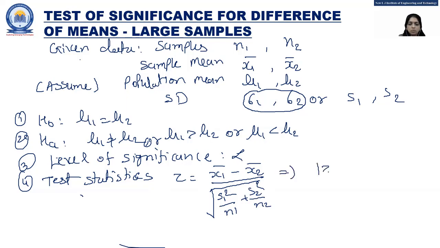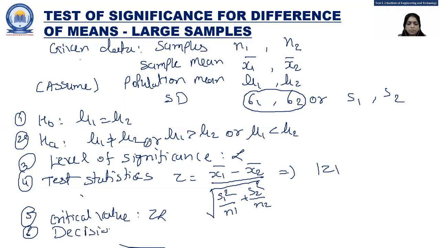Then mod Z. As usual, your second last step is the critical value. You have to find your critical value with the help of the normal Z table, right? That is Z alpha. And the last step, decision. Decision is made by comparing the test statistic mod Z and the critical value Z alpha.